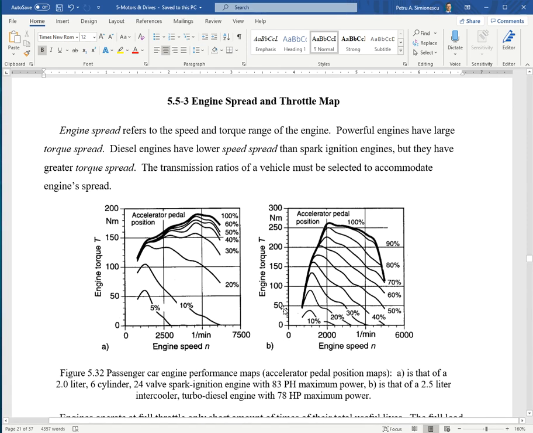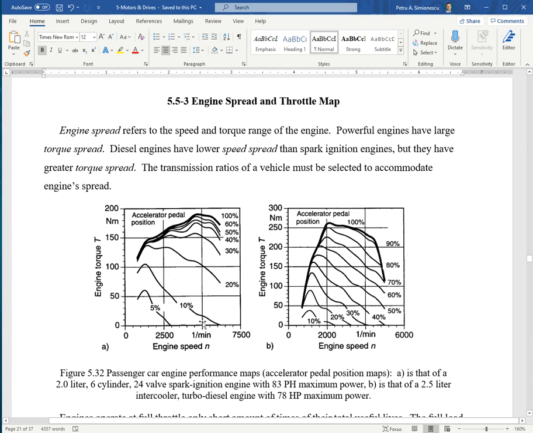Okay, so we have what are called engine speed and throttle maps, and you're looking here at partial throttle. So we have the full throttle curve for torque, and the full throttle curve for torque for a different engine. One is for a spark ignition engine, the other one is a diesel engine.